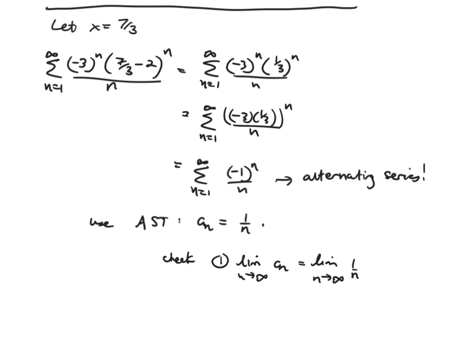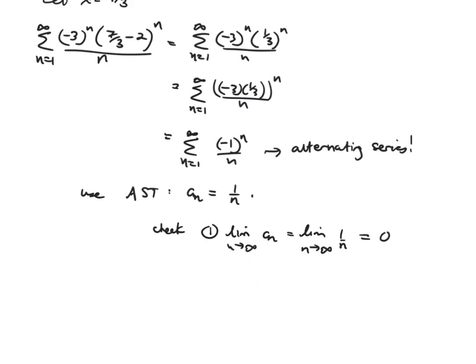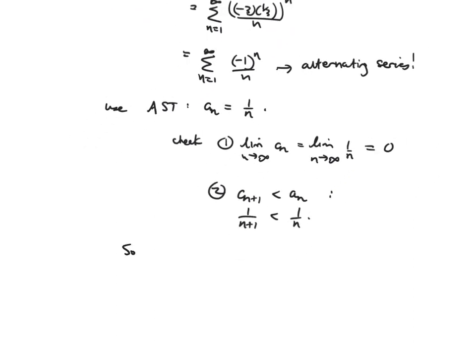And it definitely does: as n goes to infinity, 1 over n goes to 0. And the second thing, it has to be strictly decreasing, so an plus 1 has to be less than an. But of course, 1 over n plus 1 is less than 1 over n. So by the alternating series test, this series converges.